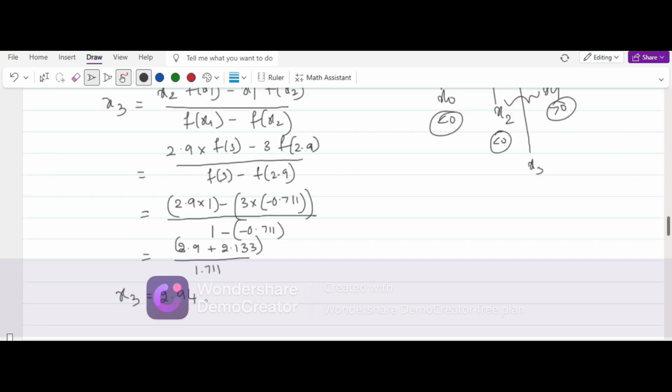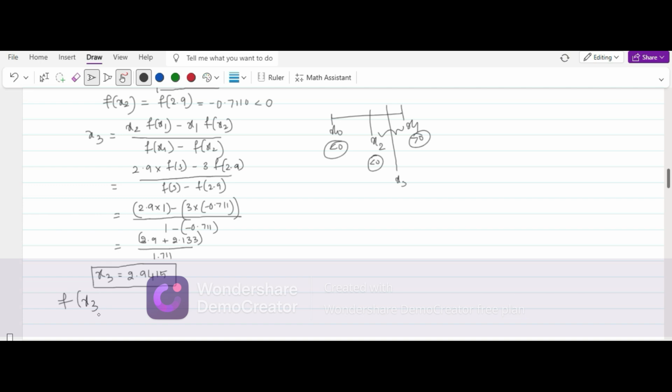Okay, so for x3, what is f of 2.9415? Is that positive or negative? Tell me the exact value.